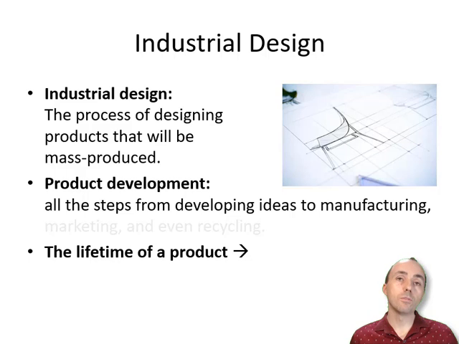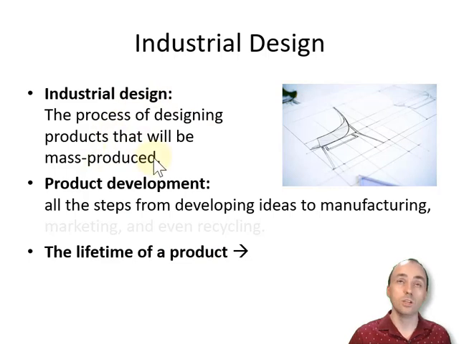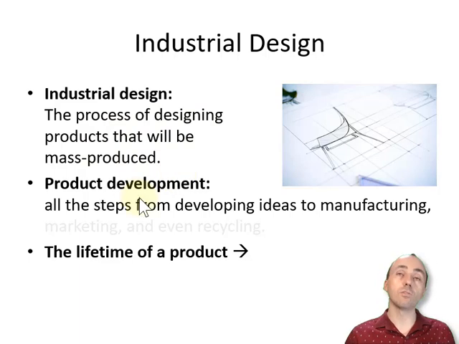So before I talk to you more about this with respect to design, I want to clarify some definitions. What we call industrial design, I think you all know this, is the process of designing products that we want to mass produce. Also, sometimes we talk about product development.